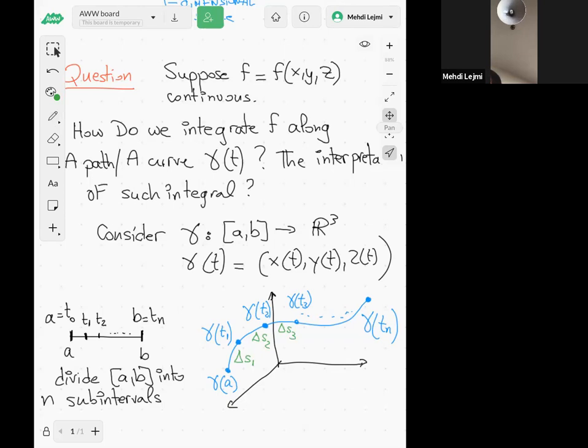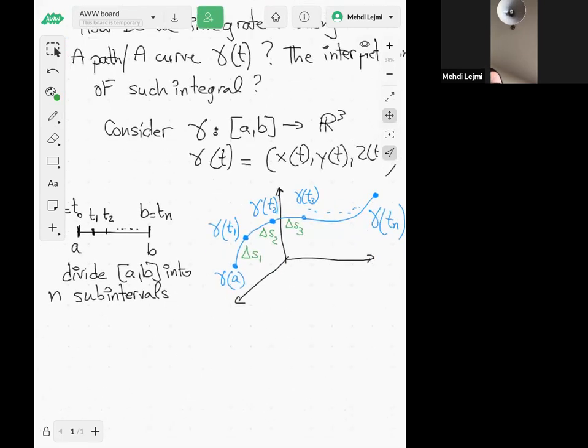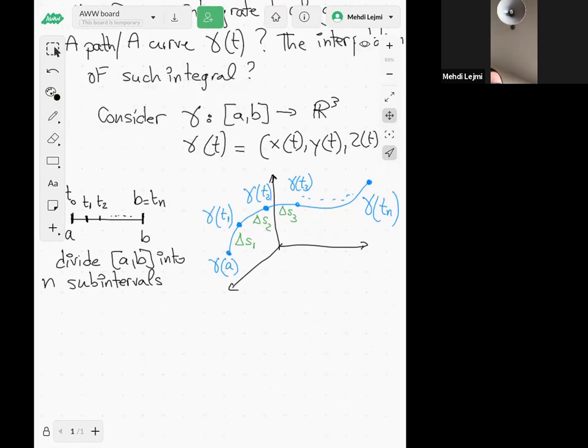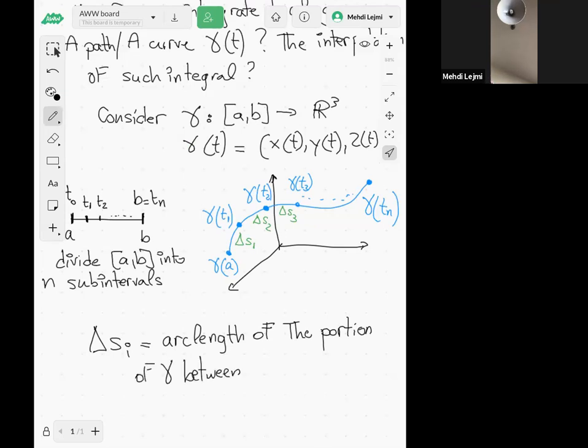That's the arc length of the portion of gamma between, let's say, gamma of t subscript i minus 1 and gamma of t subscript i.